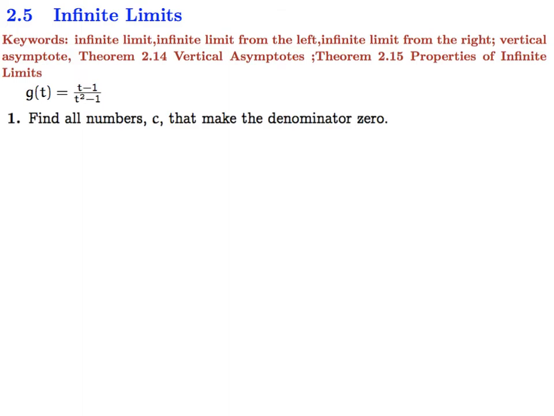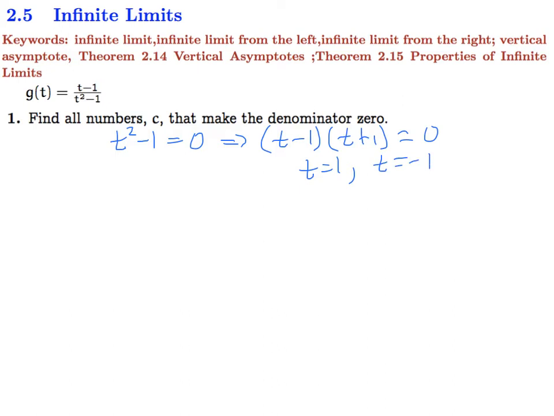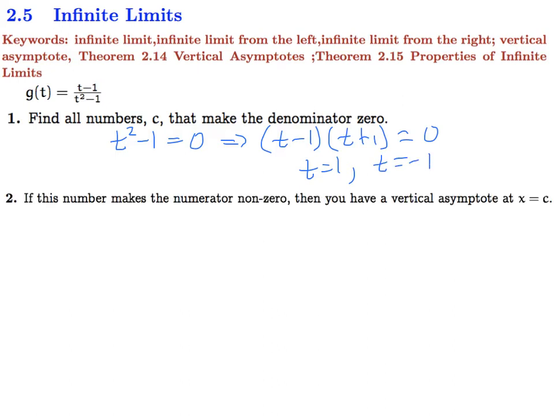So we start by finding the values that make our denominator equal to 0. Well, if t squared minus 1 equals 0, we can factor this as t minus 1 times t plus 1 equals 0. So this means t equals 1 and t equals negative 1 are possible vertical asymptotes. Step 2 says, well, we need to check and see if this makes our numerator, in this case t minus 1, equal to 0 or not.